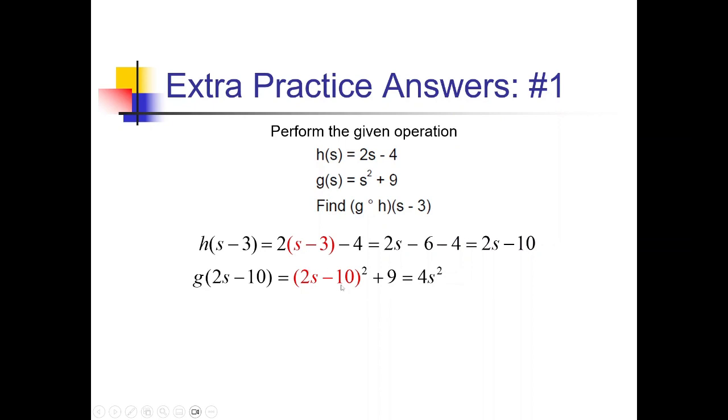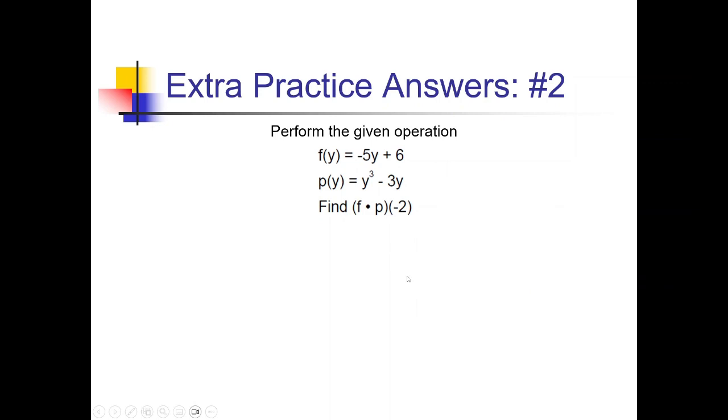Multiplying these things together and doubling them gives me negative 40s. And then finally, negative 10 squared is positive 100. And don't forget that 9 we still have floating around there. So combining like terms, I can write this as 4s squared minus 40s plus 109. And that's it for this one.